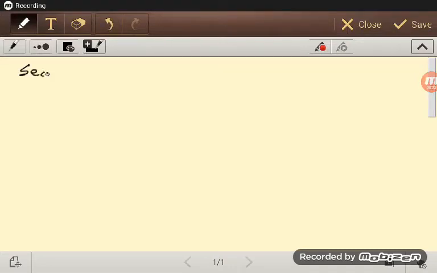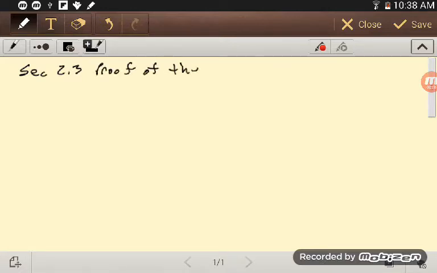Alrighty, so here's section 2.3, proof of the product rule.